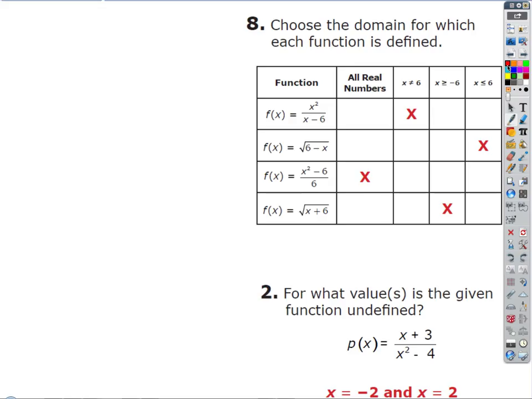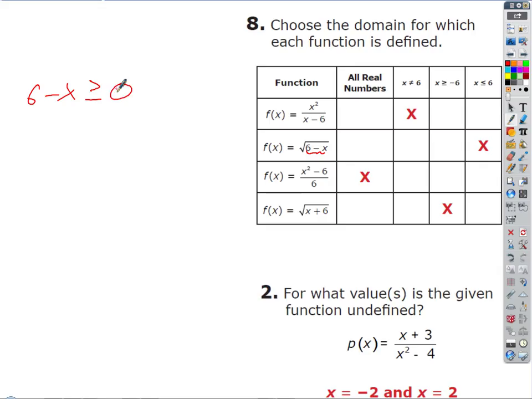Okay? What about this one? We've got this square root function, and we know that we can't take the square root of a negative number. So whatever's inside the square root, which in this case is 6 minus x, can't be negative. If it can't be negative, what could it be? Positive or 0, right? So whatever is inside the radical has to be greater than or equal to 0.